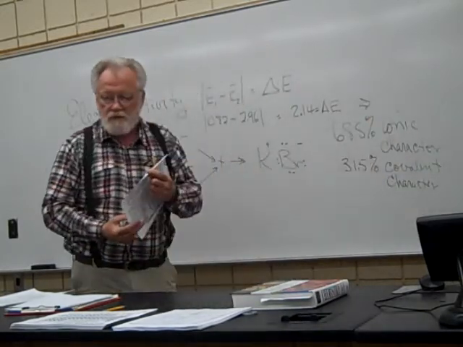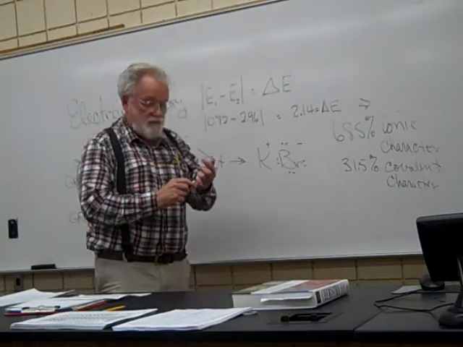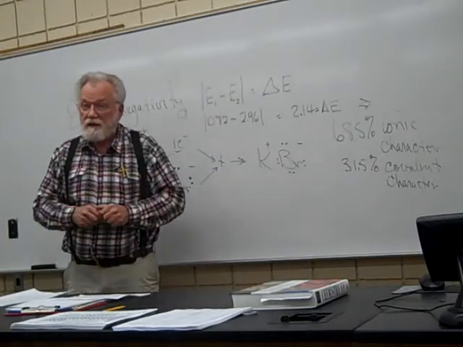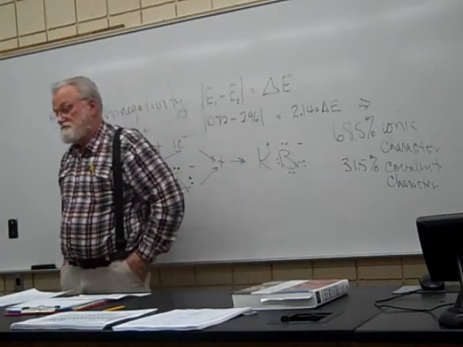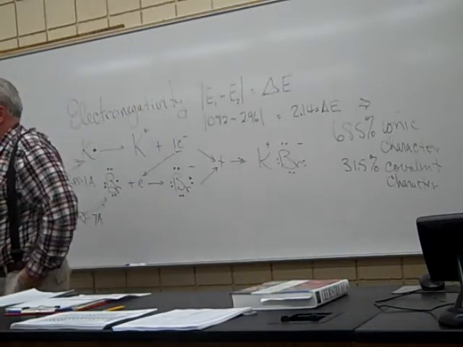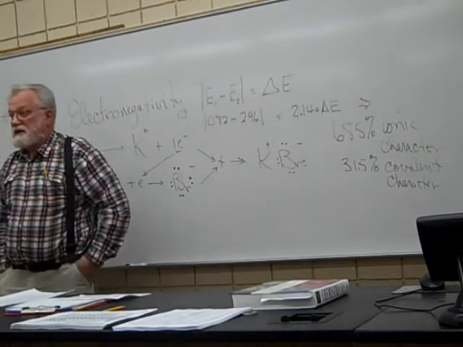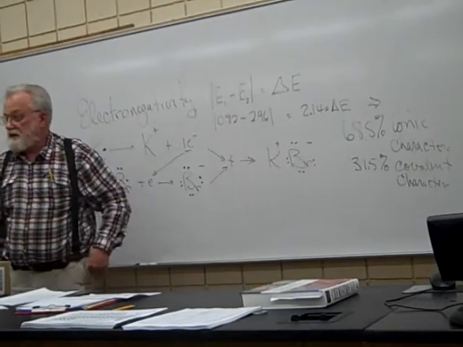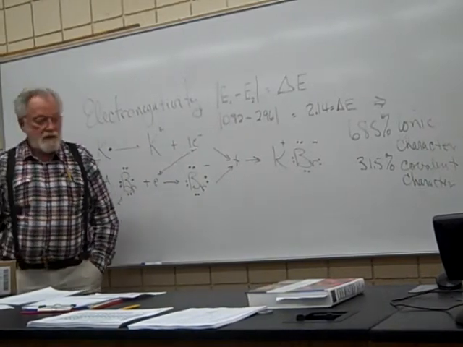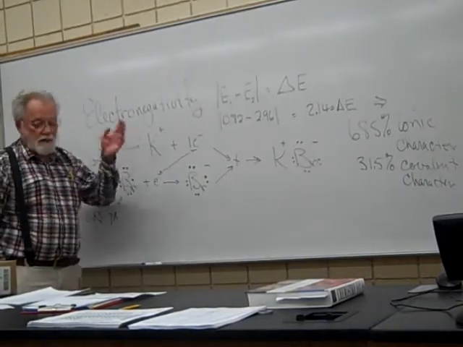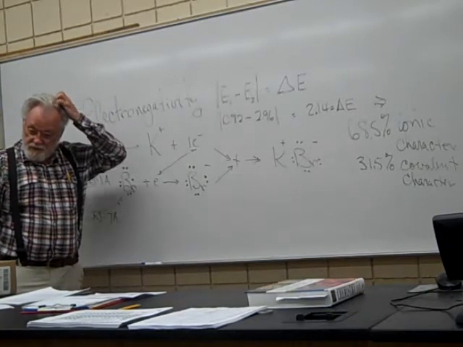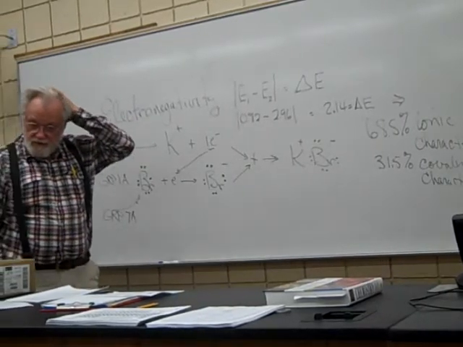So this particular compound is really quite ionic, but it's not perfectly so. It's not completely ionic. It has some ionic character. Okay. This is what that's for. Now, this was for an ionic substance.